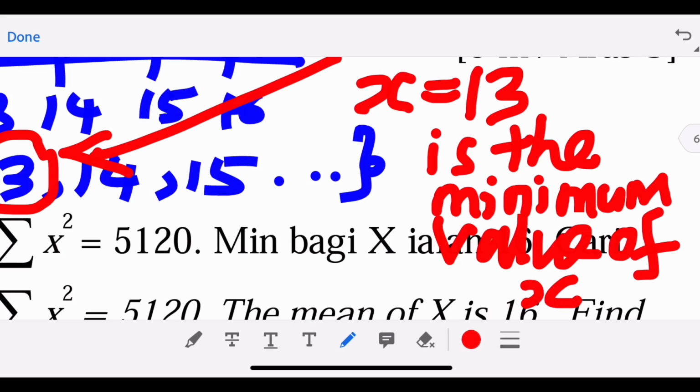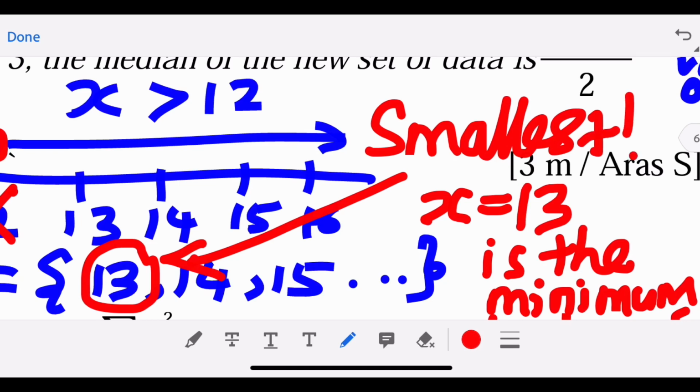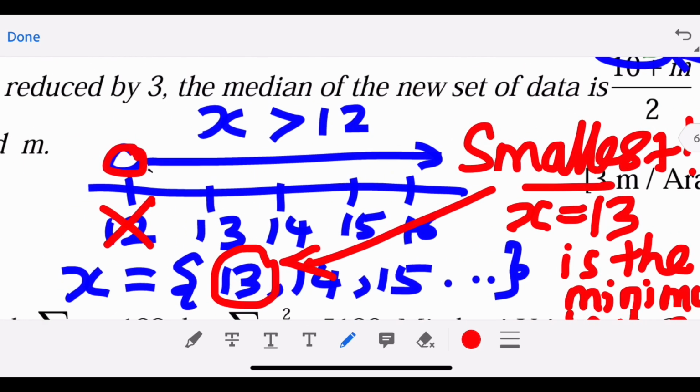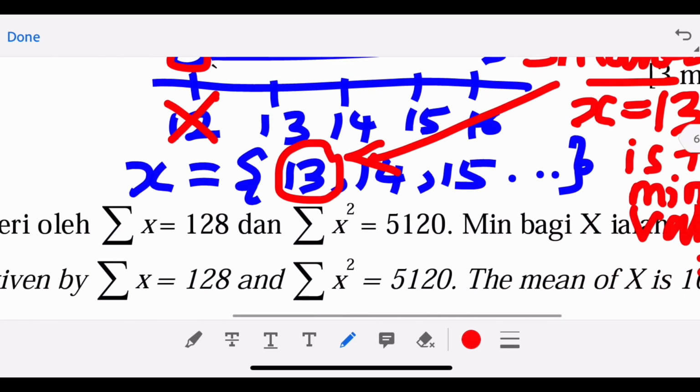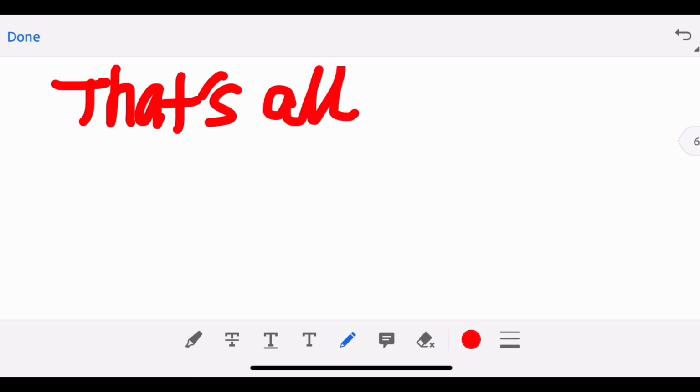I have taught you this in the inequality topic. Again, you need to be very careful when it comes to inequality. So here is the answer for this question: the final answer, x is equal to 13.